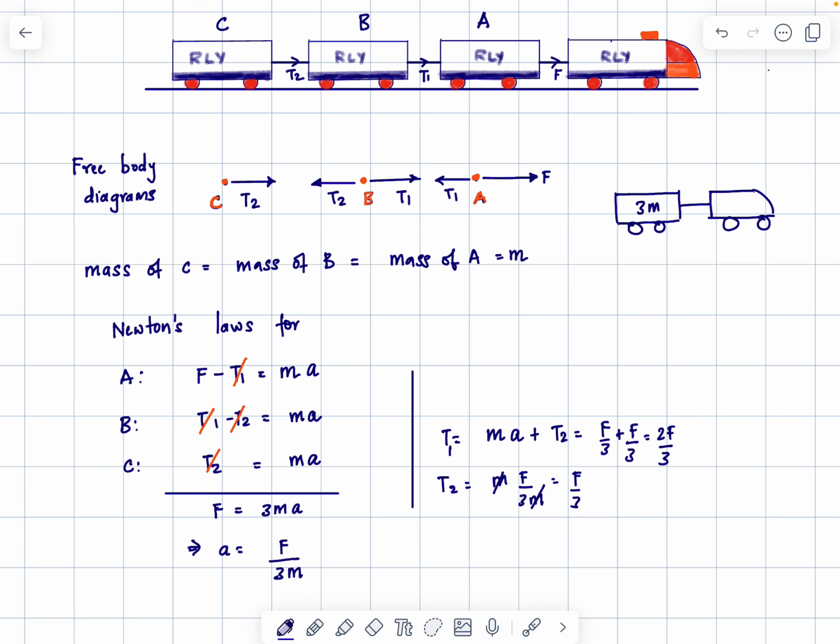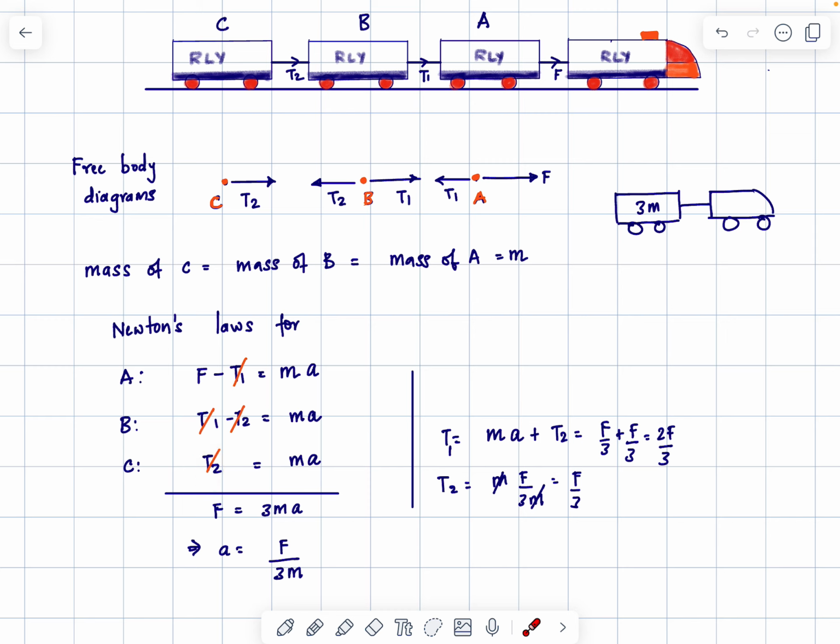That's essentially how this thing behaves. So for the purposes of motion, we could replace this three-car system by one car with an equivalent mass equal to 3m.